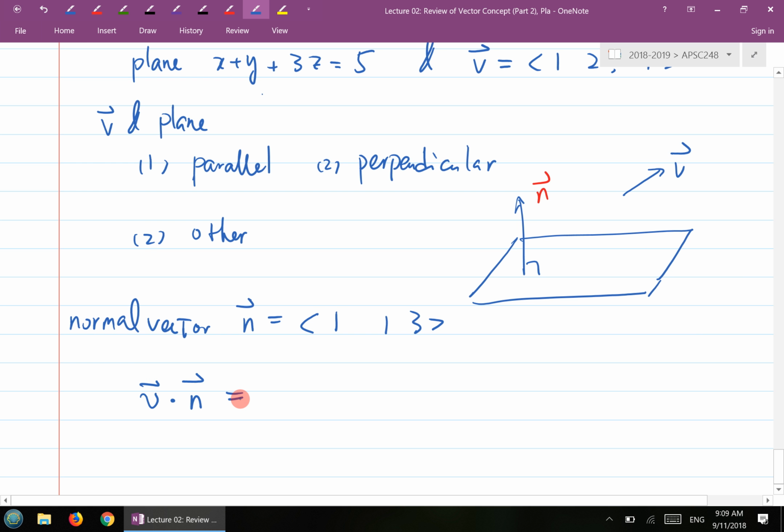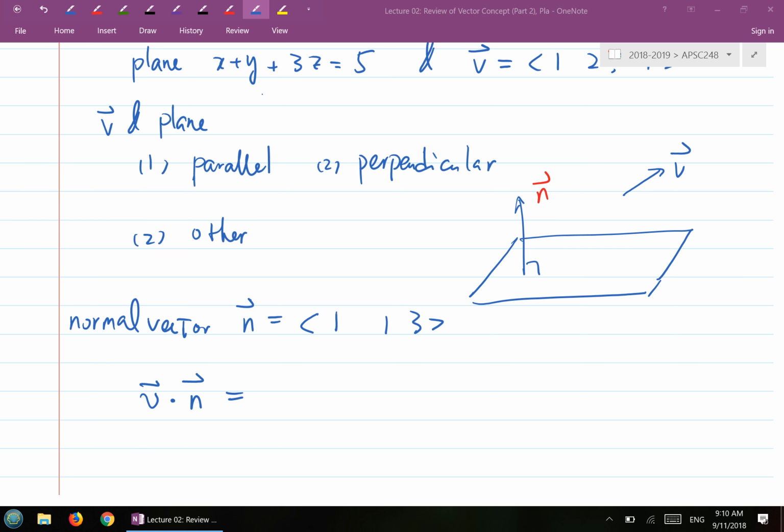Because if the dot product is 0, what does that mean? If the dot product is 0, the two vectors must be perpendicular. And if n and v are perpendicular, that means v and the plane must be parallel. Okay, so that's the logic here, right?